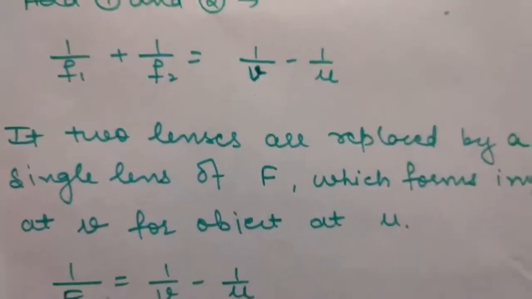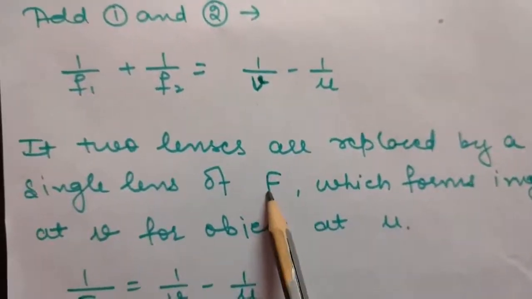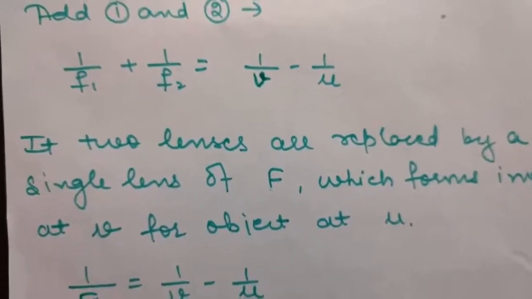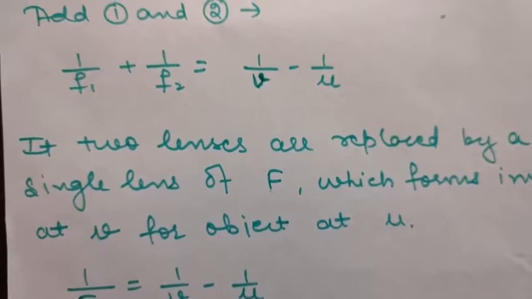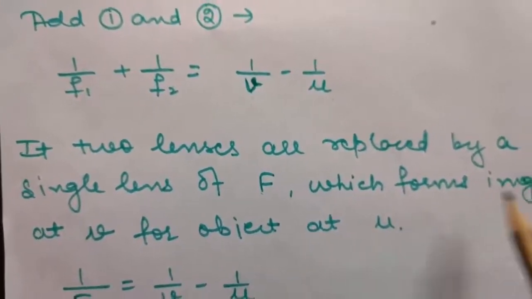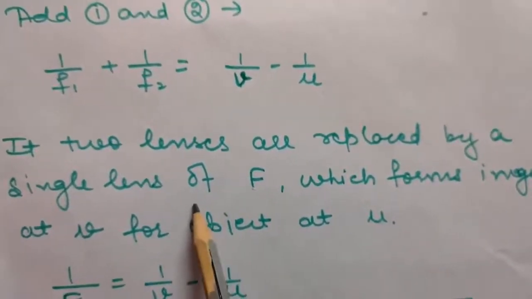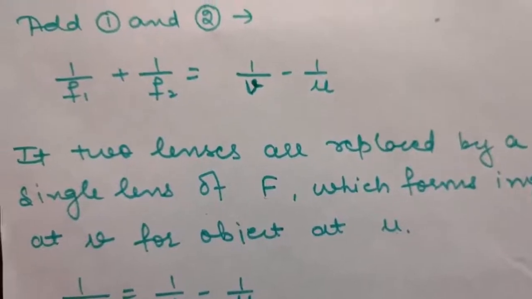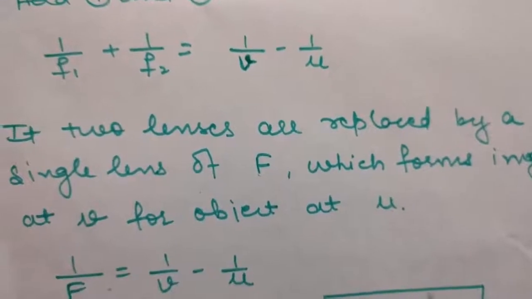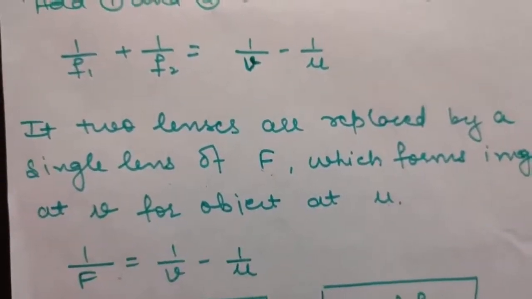Okay. Now, see, if the two lenses are replaced by a single lens of focal length F. We have two lenses of focal lengths F1 and F2. If we replace those two lenses with a single lens of focal length F, which forms the image at V and the object at U, that means this single lens is giving the same effect as those two lenses.